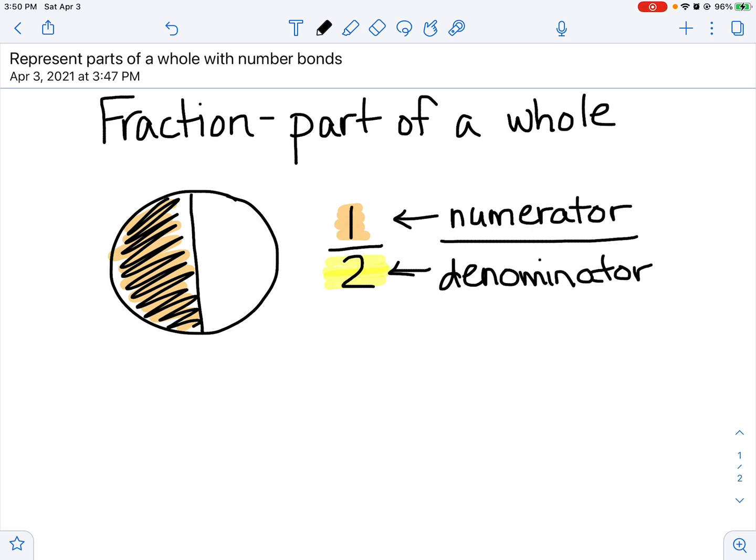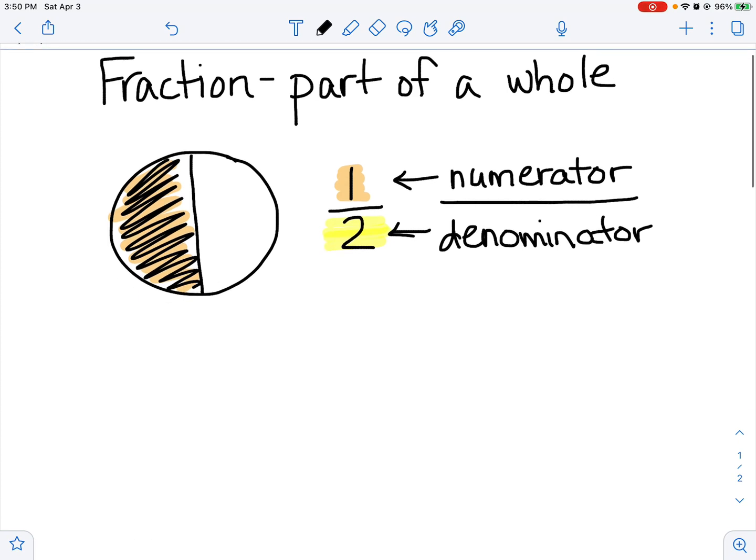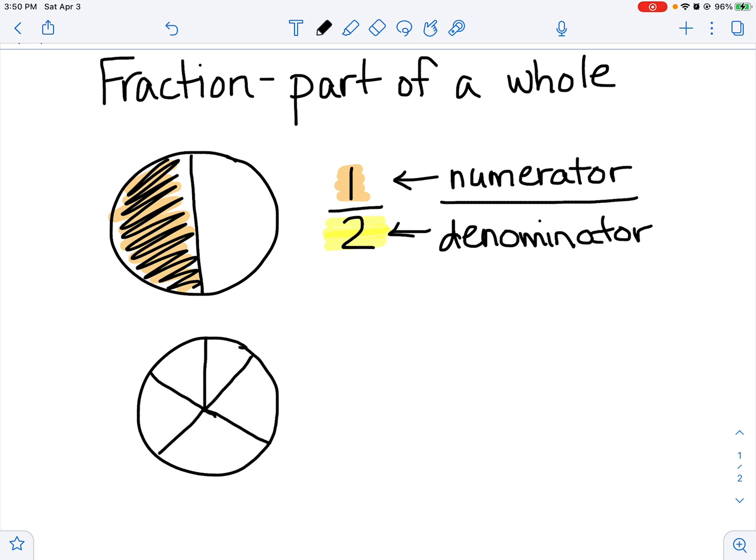All right, so if I show you a shape that looks like this shape, and if I shade this much of my fraction, we would say that I have shaded 4/6 because I have 4 parts shaded.